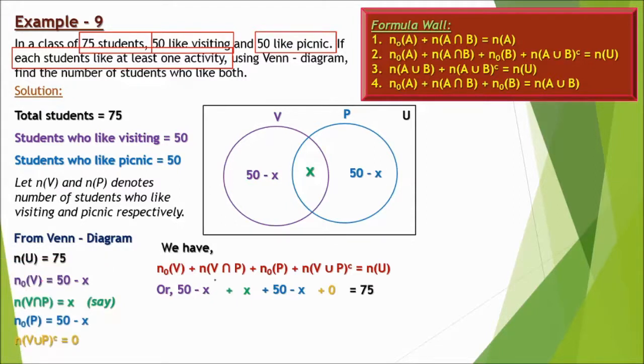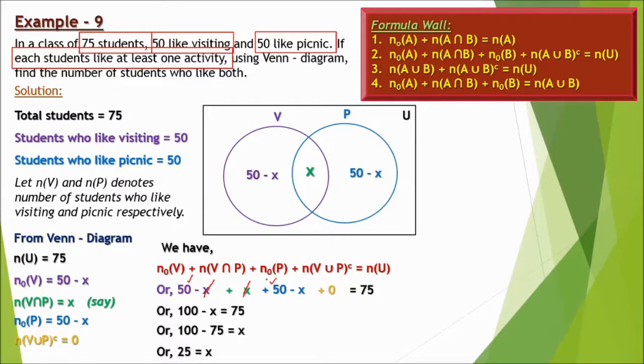So 50 and 50 is 100, 100 minus x equal to 75. Interchanging the sides of x and 75, that is 25 equal to x.